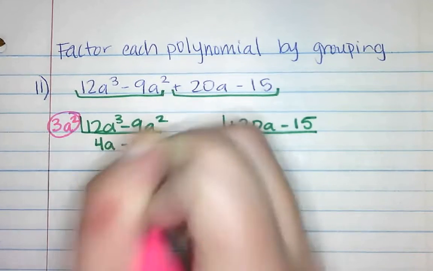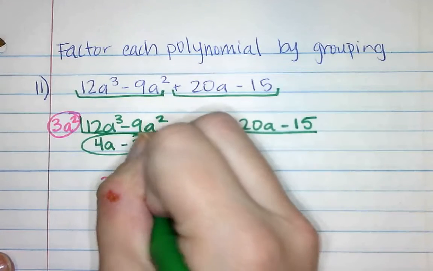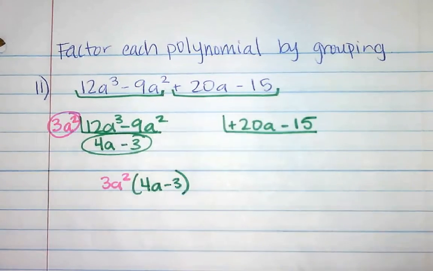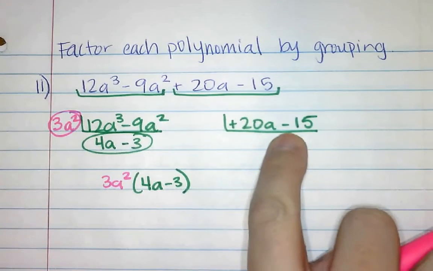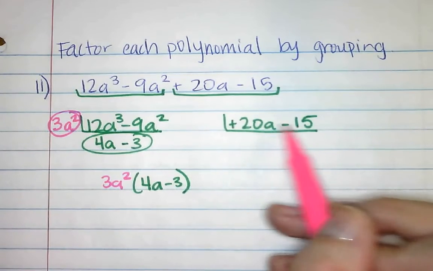Do you feel good about that? Now let's factor the second one. This is where the magic happens. What is our common factor between 20a and negative 15? 5. Are you good with 5?